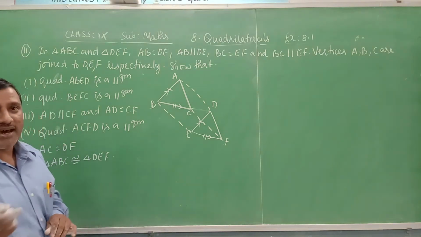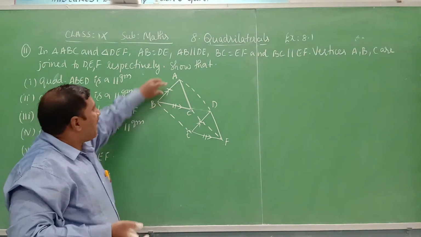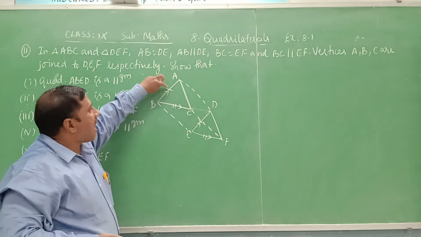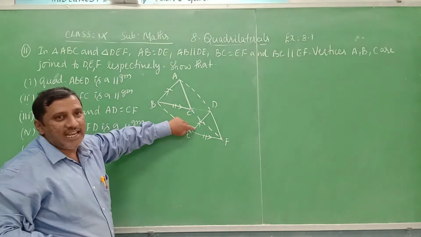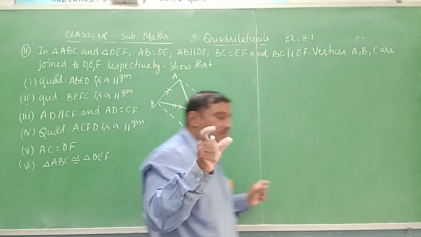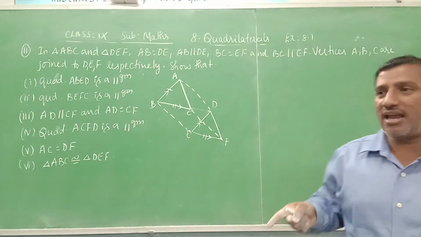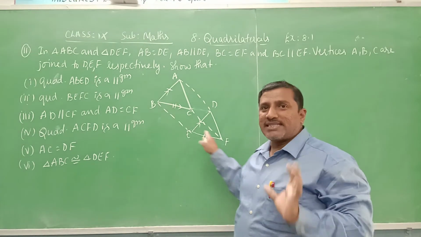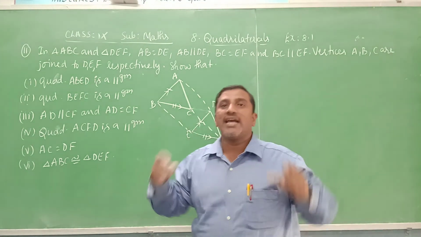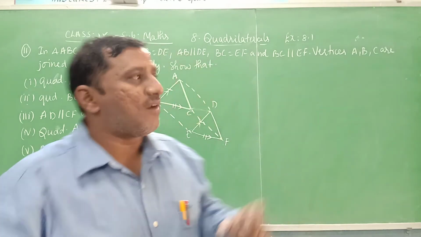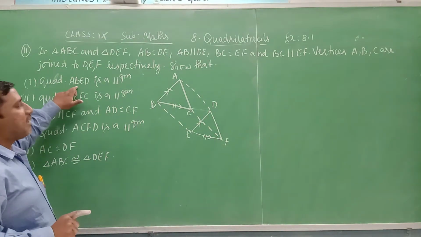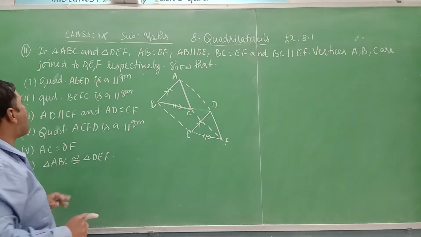Can we prove it is a parallelogram? Yes. AB is equal to DE, opposite sides are equal, and AB is parallel to ED. That is, one pair of opposite sides are equal and parallel. Therefore, it is a parallelogram. So everything is good in the question. You need to identify the sides which are parallel and which are equal. By using the property of parallelogram, we can prove that ABED is a parallelogram.